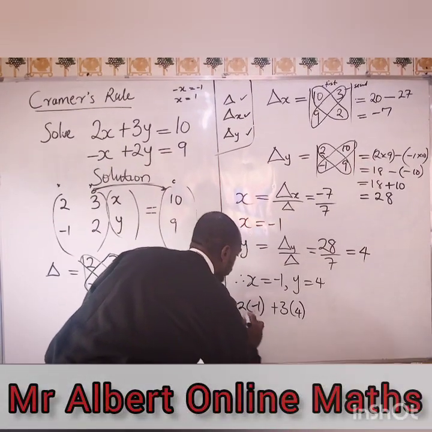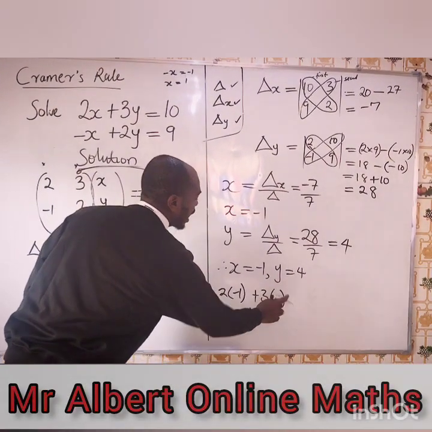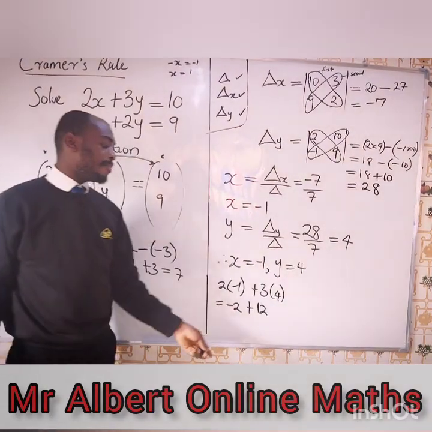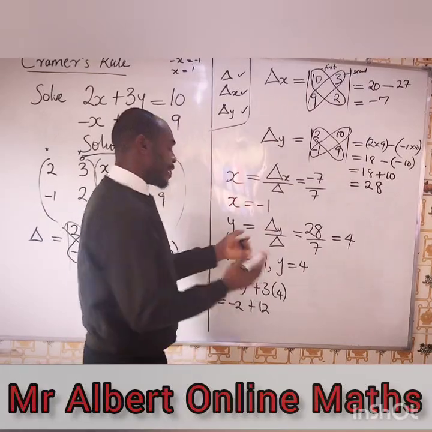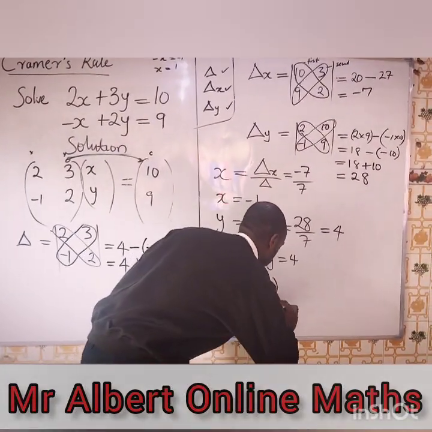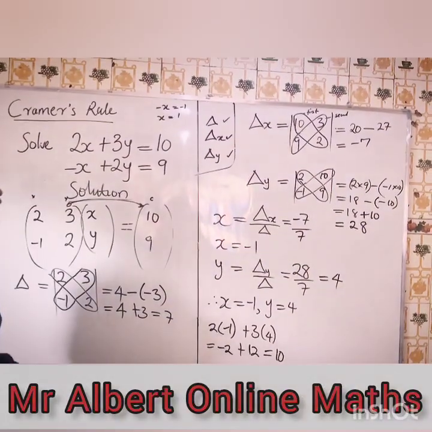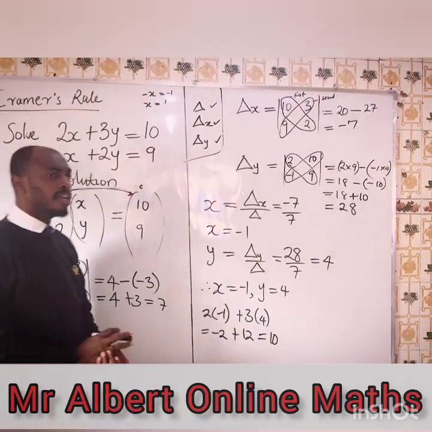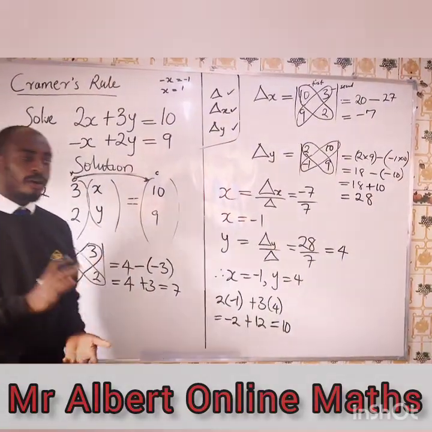So what we have, 2 times minus 1 is minus 2, 3 times 4 is 12. 12 minus 2 is the same thing as saying 12 minus 2, which equals 10. You can see we've gotten our answer. I don't think it is necessary for us to check the other again. You can do that on your own and then drop a comment in the comment section.